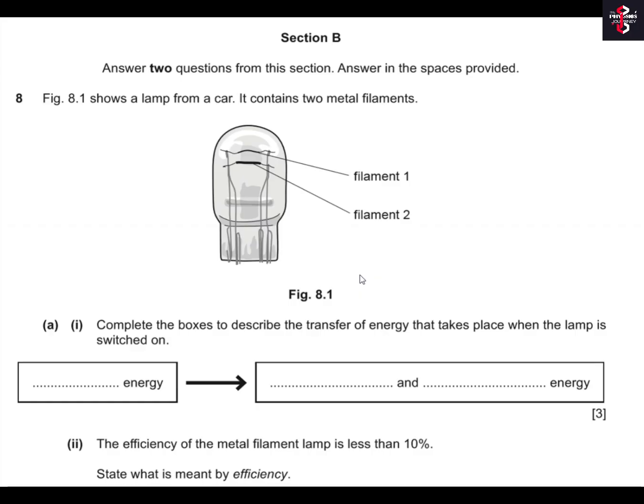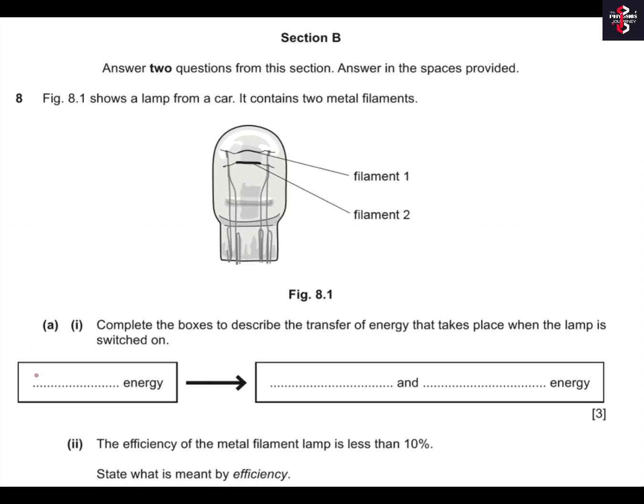Question number 8. Figure 8.1 shows a lamp of a car. It contains two metal filaments. Have a look at the figure in part A. Complete the boxes to describe the transfer of energy that takes place when the lamp is switched on.